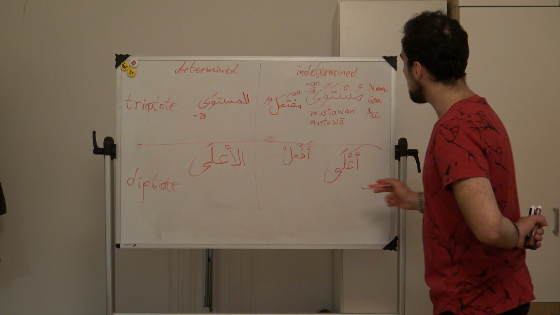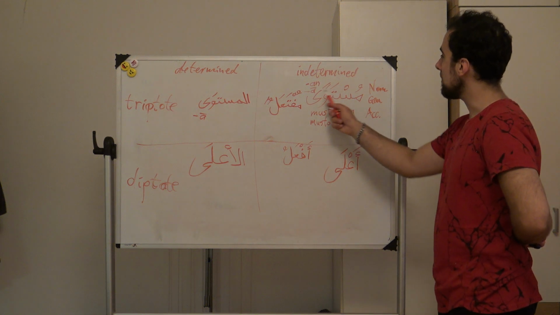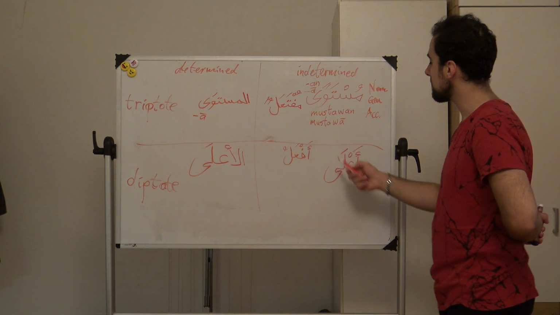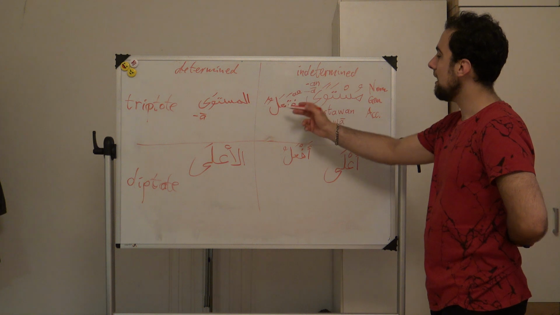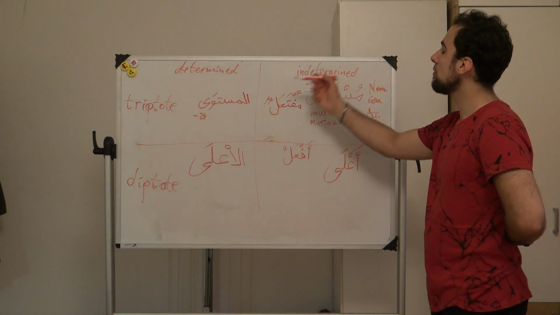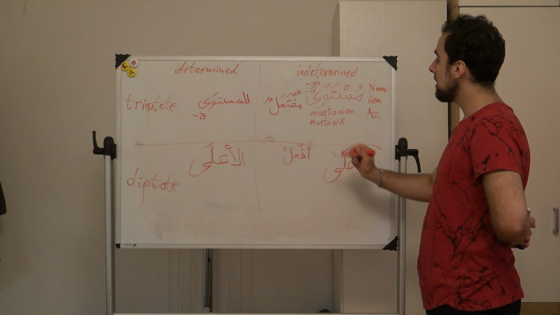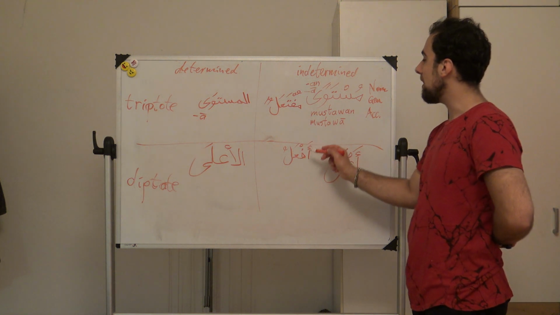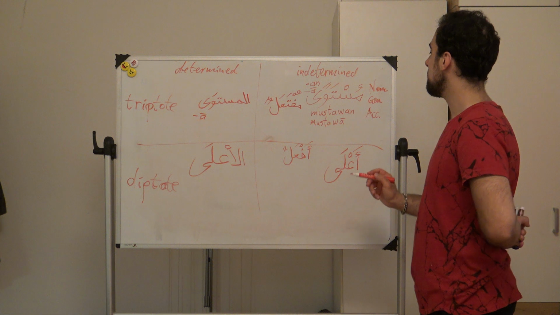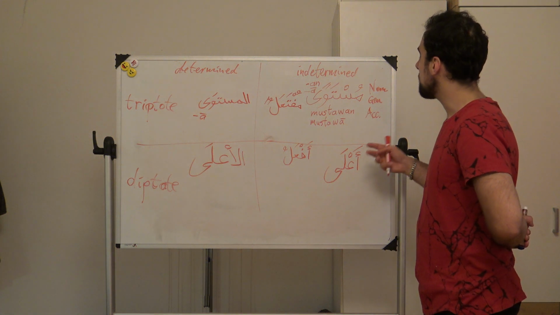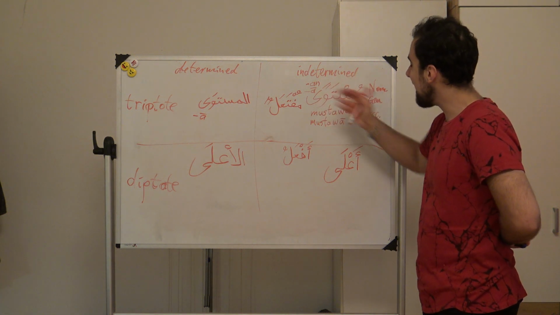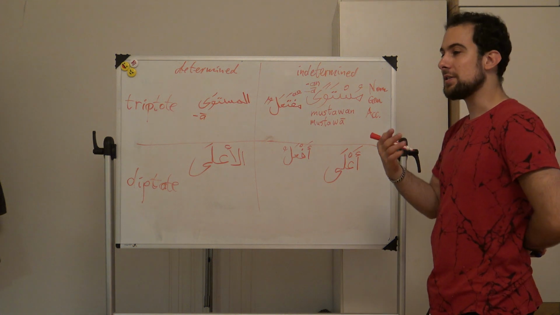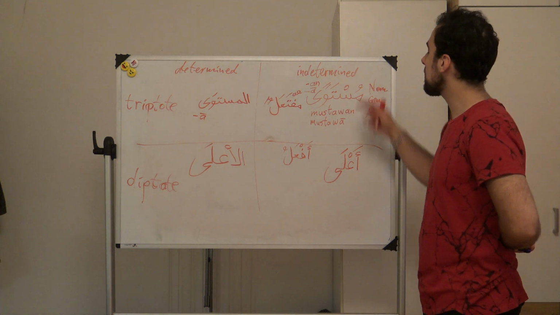And now we can see why this is triptote and this is diptote, because mufta'al is triptote, mufta'alun, mufta'alin, mufta'alan, while af'al is diptote, af'alu, af'ala, af'ala. So if we see a noun that ends with a long A, but we want to know whether it is a triptote or a diptote, we need to look at its form.